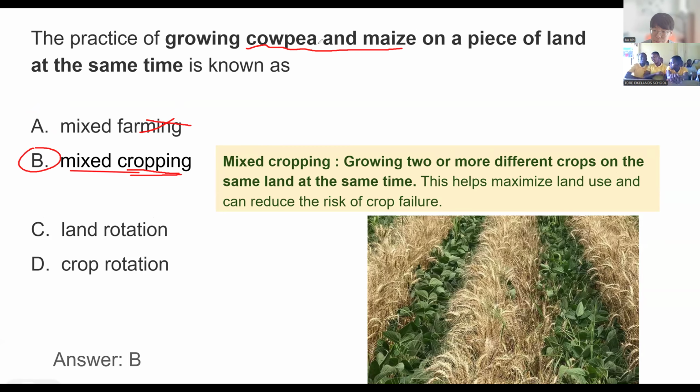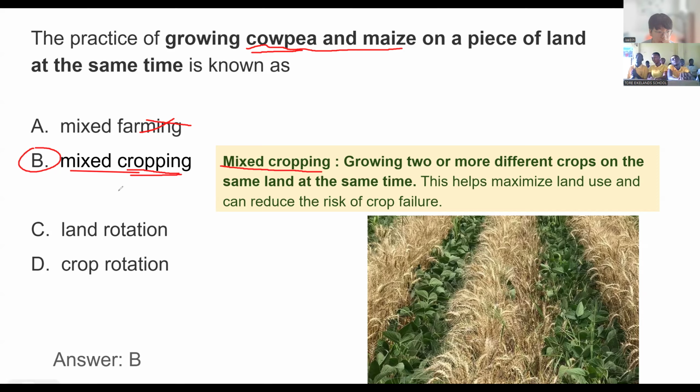Since cowpea and maize are both crops, so raising crops and crops on the same land, two different crops, this is called mixed cropping. Remember, it's when growing two or more different crops on the same land. So before it was mixed farming, but now we're mixed cropping. That's why the answer is B for this case.